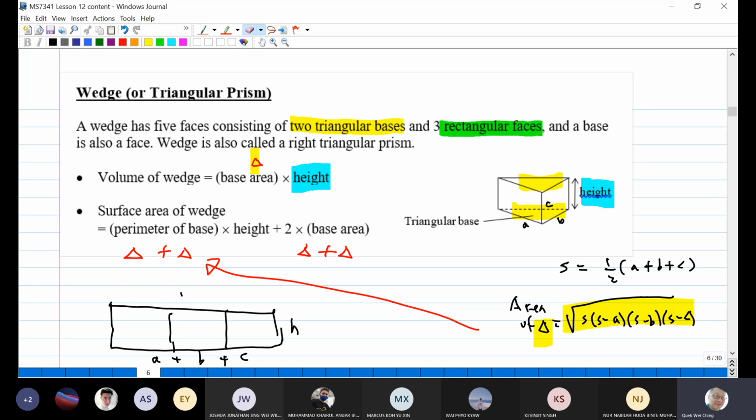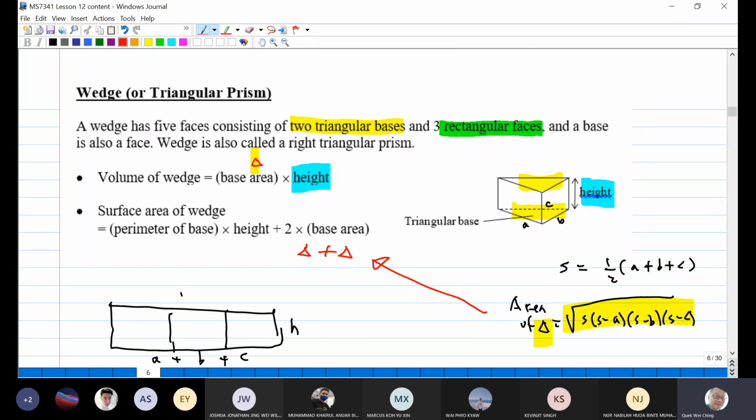The two on top and bottom, and then the side areas, the three sides.